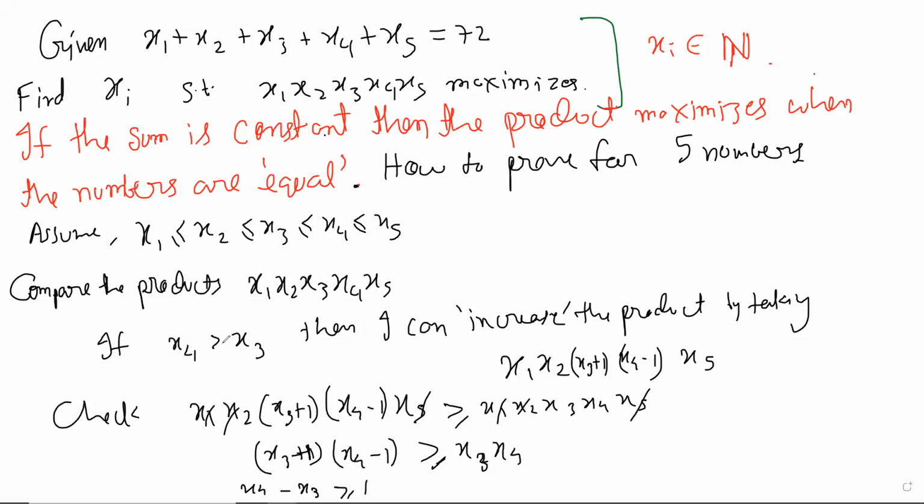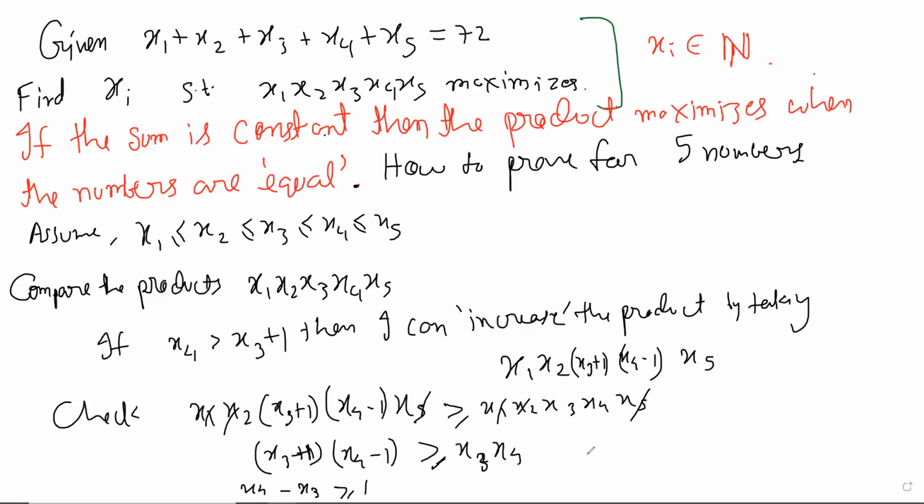So this basically means that if the gap is 1, then you really don't need to do anything. But if the gap is 2, so if x4 is bigger than x3 plus 1, which means that the gap is 2, then your product strictly increases.